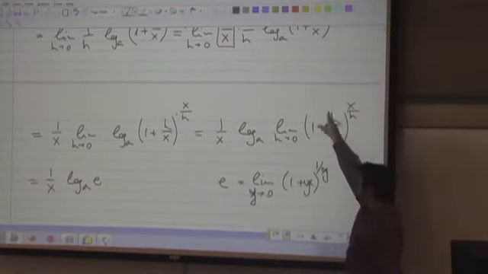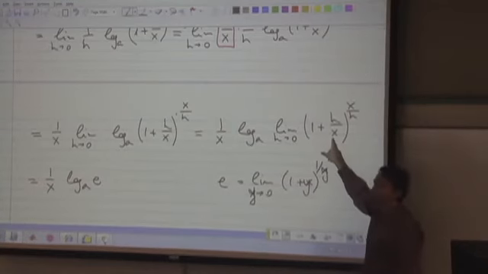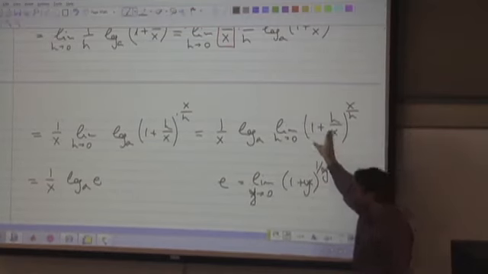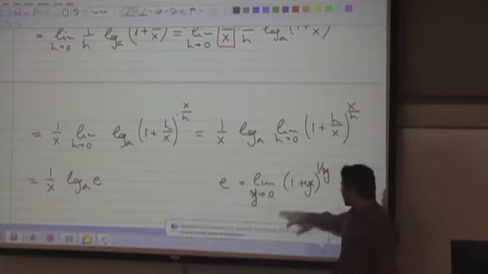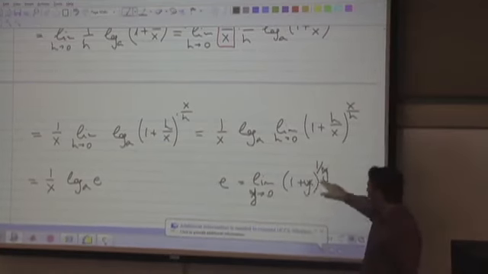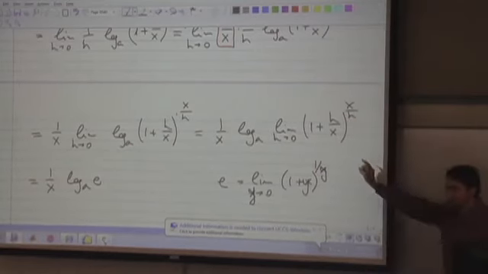Now if I define y to be h over x, clearly as h goes to 0, h over x goes to 0. x is just a fixed number. So that means that y goes to 0. Then I have 1 plus h over x, which I define to be y, to the power of 1 over y, but that's just x over h. Does that make sense?